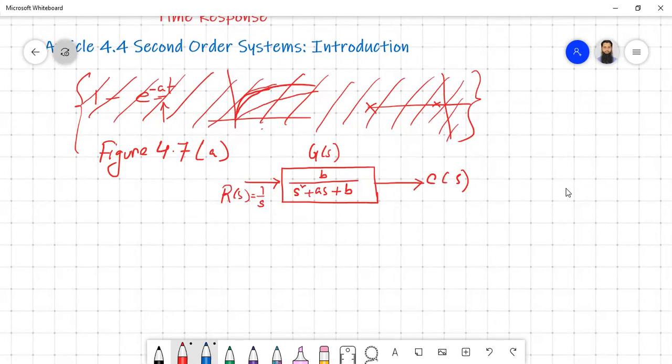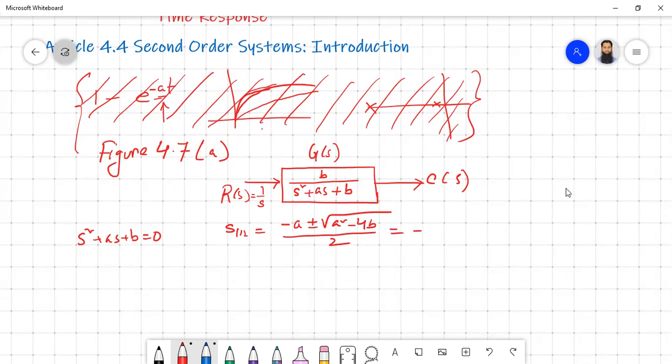If you want to find the roots of the denominator, or the poles, you just apply the quadratic formula for s squared plus a s plus b equal to 0. Then you get minus a, plus minus the square root of a squared minus 4b, divided by 2.